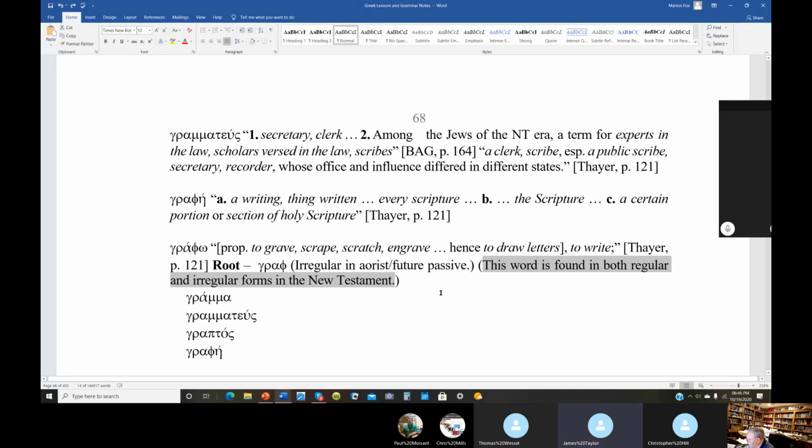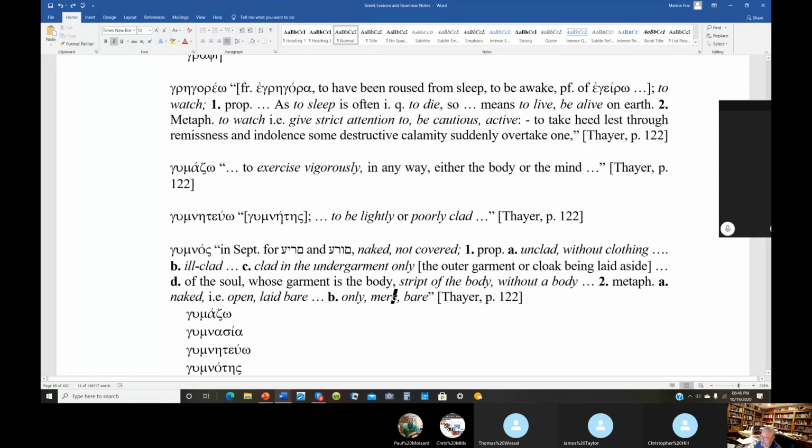Okay. I did akuo and I did grapho, and we did strepho. All right. And let's do esthio, and then we'll do gamma, delta, epsilon. Let's see.